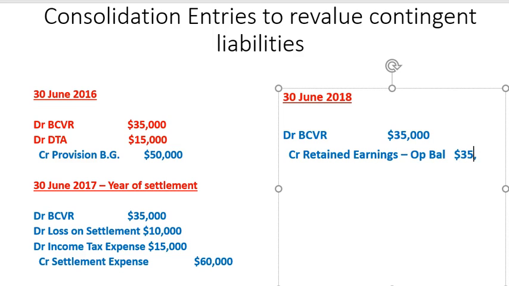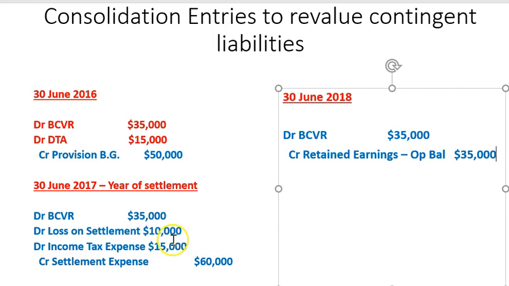by $35,000. Now, the reason for this is because if you look at this entry back over here, we made an adjustment here with the credit to increase equity by $60,000. We made the two adjustments here to decrease equity, which add up to $25,000.